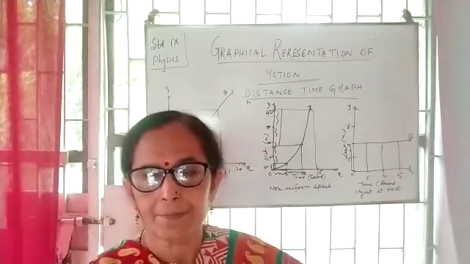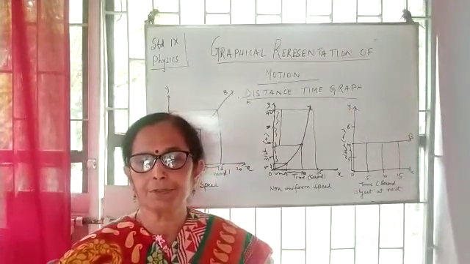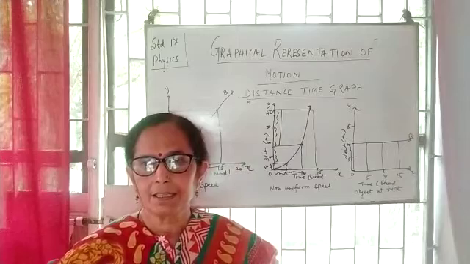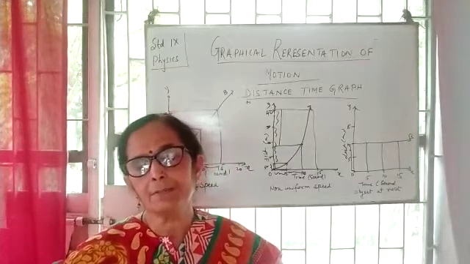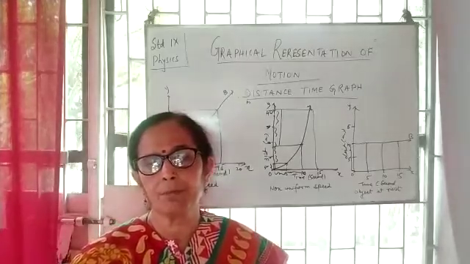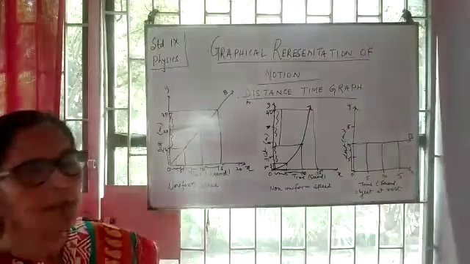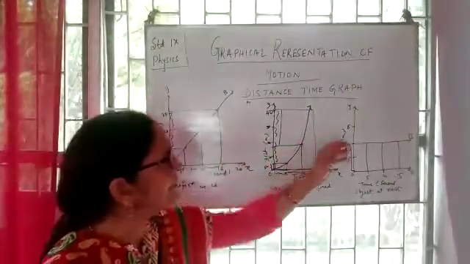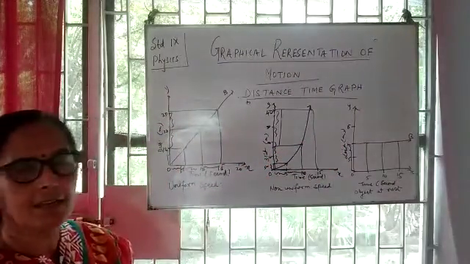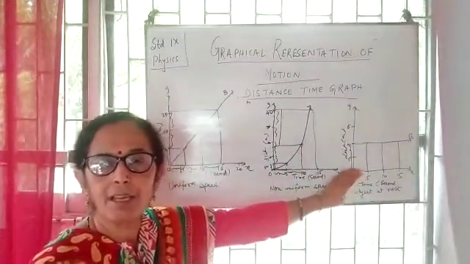So students, in the very beginning I told you, the graph is a convenient method of representing the basic information about the variety of events. Now you see here, by looking at these 3 graphs, now we can say what these graphs are informing us.